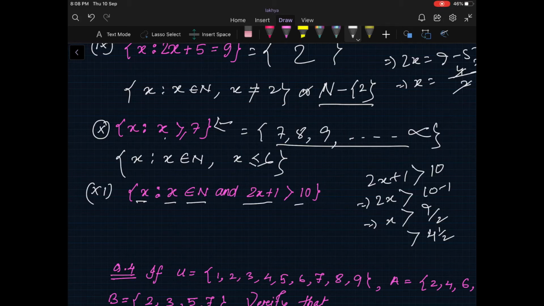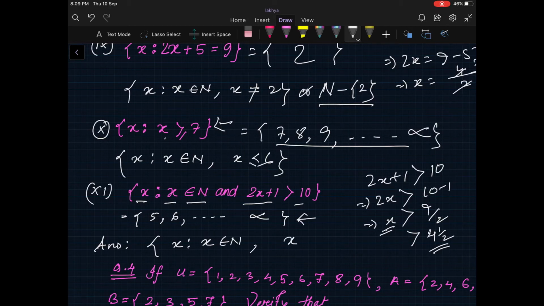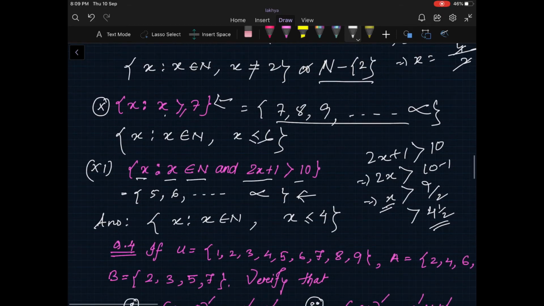If x is greater than 4 and a half, that means this set, as you can see, x is a natural number and it is greater than 4.5, so this set must contain 5, 6, dot dot dot up to infinity. So its complement should be x such that x belongs to N, where x is less than or equal to 4.